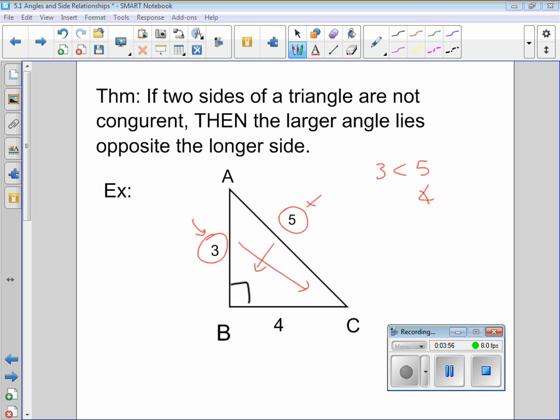So we have angle B is larger than angle C. So even though I don't know the degrees of each of those angles, I can say one is bigger than another. Well, we can do this with the entire string of sides. So let's just go smallest to largest.